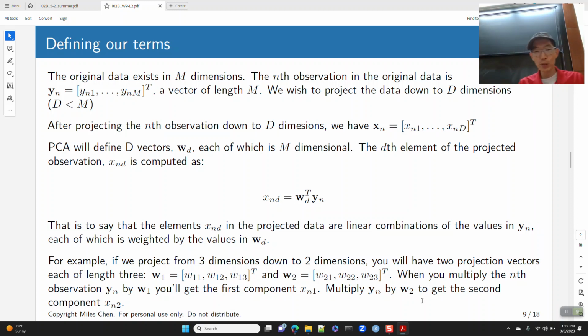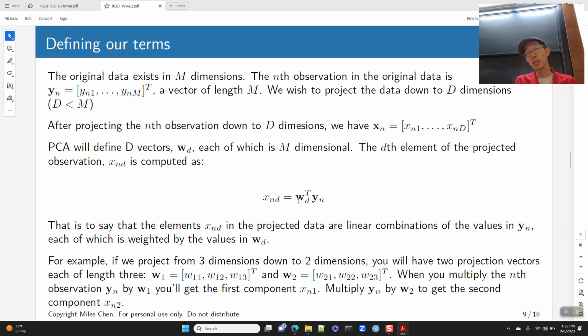And so what we're going to look for: our original data exists in m dimensions, m being a big number, and we want to project it down to a lower number, d dimensions. So we want to go from y, which exists in m dimensions, down to x, which has a length of d. So what we need to do is define a vector w, right?